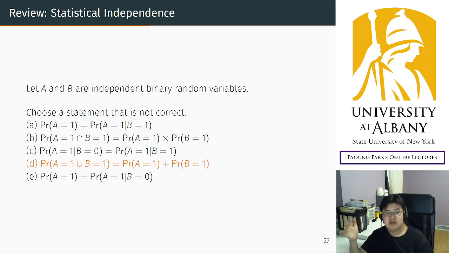Mutual exclusiveness is defined such that two events have no intersection, or the probability of the intersection is 0. So that has nothing to do with independence. So D does not make any sense. It does not hold even if A and B are statistically independent.